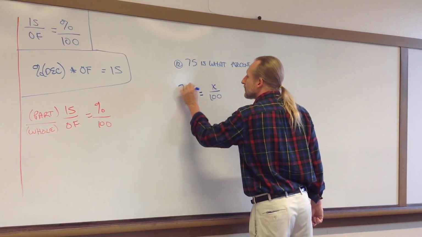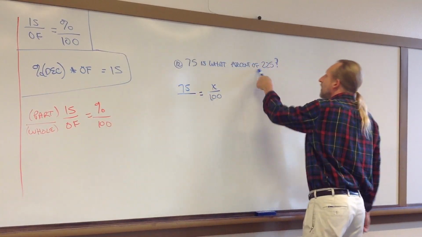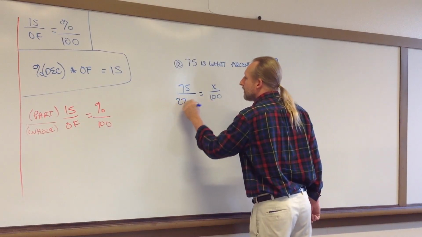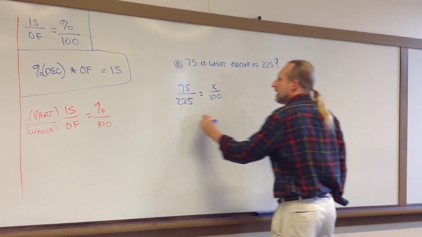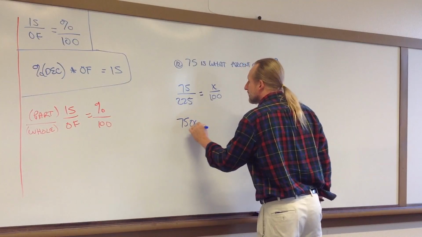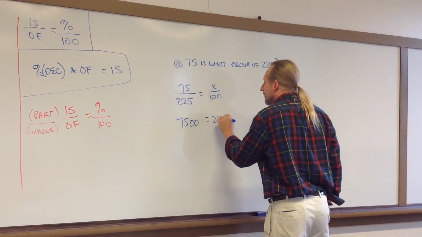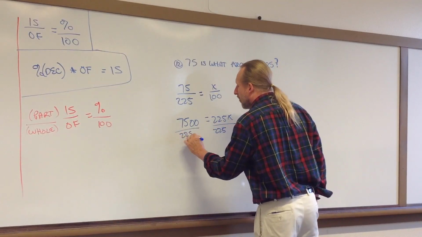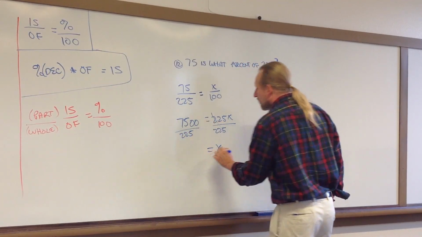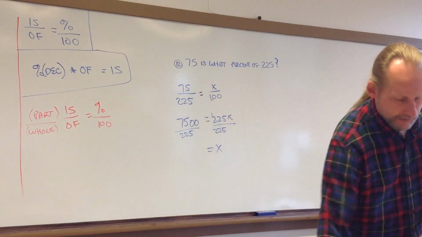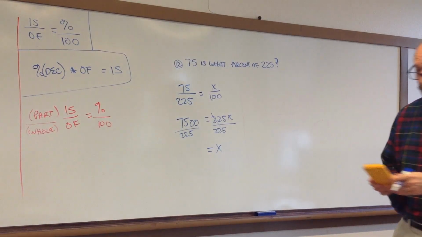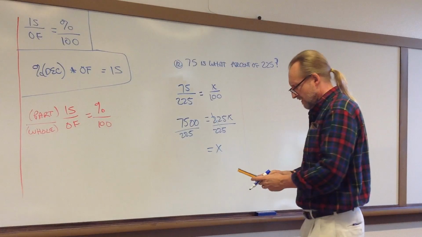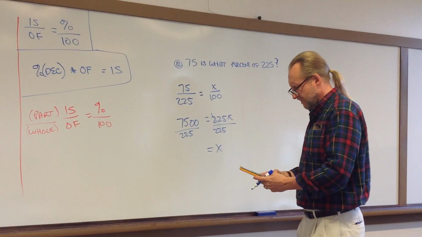75 is the "is," so we put the 75 on top, 225 goes on the bottom, and then we cross multiply: 75 times 100, and then divide by 225. And this one I think will be a repeating decimal. 7,500 divided by 225, yeah.